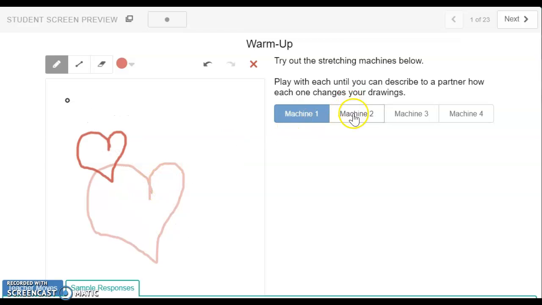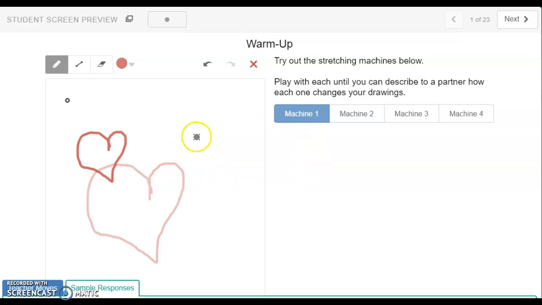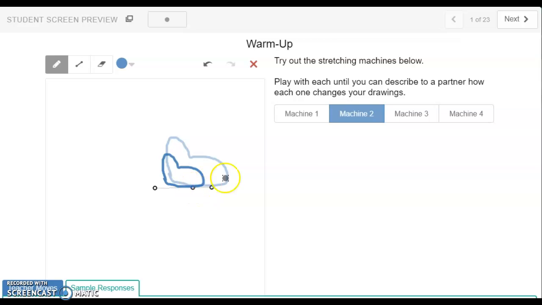If I try a different machine, this one creates an image that is just slightly bigger, not like the previous one. The previous one was much bigger, maybe 2 or 3 times bigger, and this one is maybe twice as big.